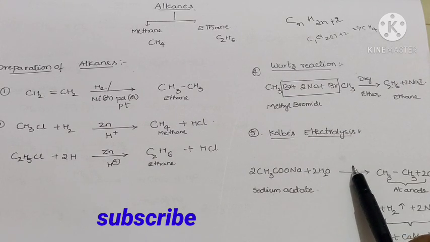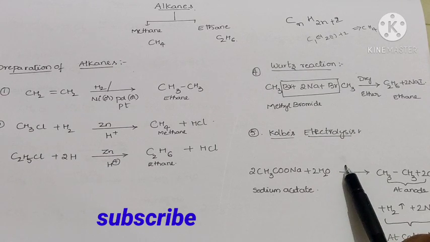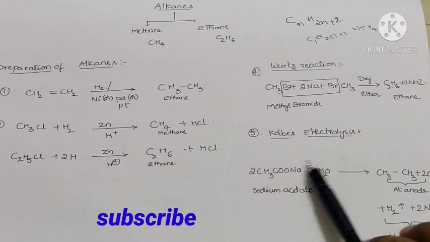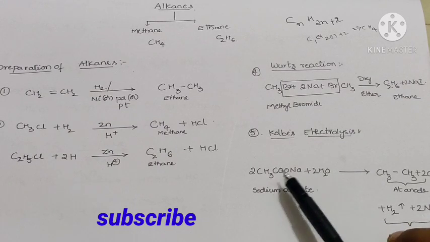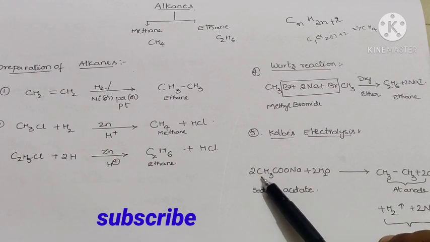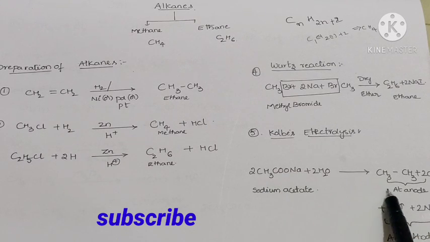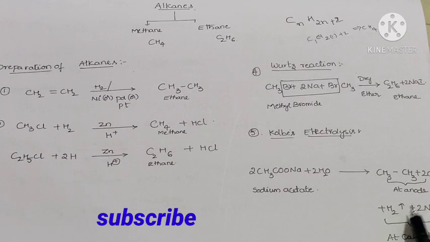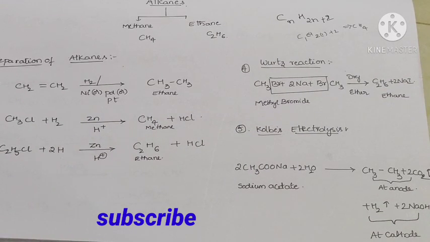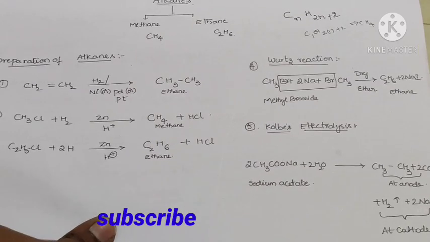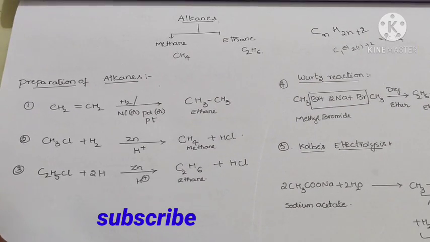By passing electric current, it divides: C2H6 and CO2 gas are obtained at the anode, H2 gas is liberated at the cathode, and 2NaOH is obtained at the cathode. These are the preparations of alkanes.